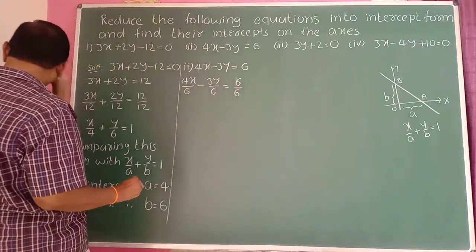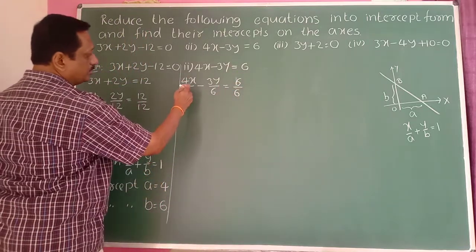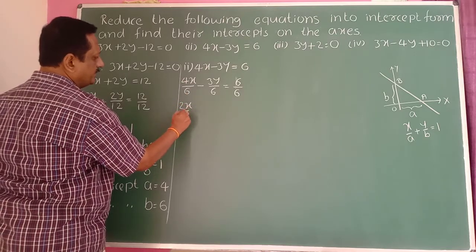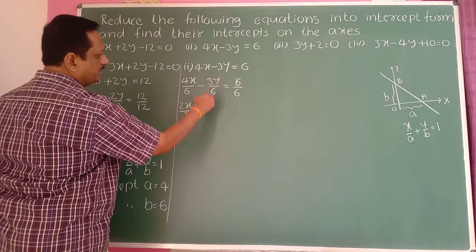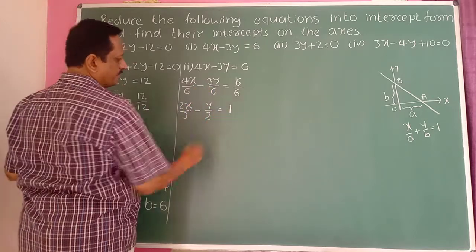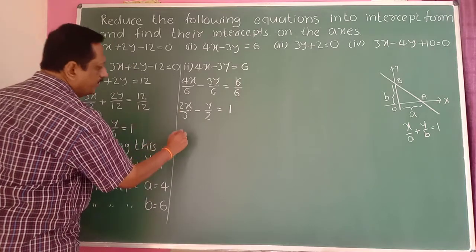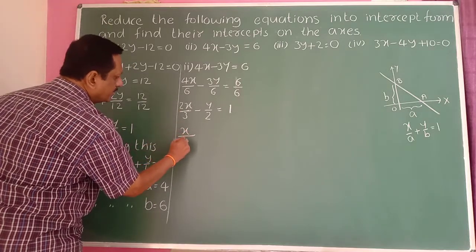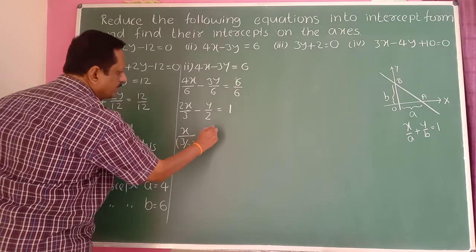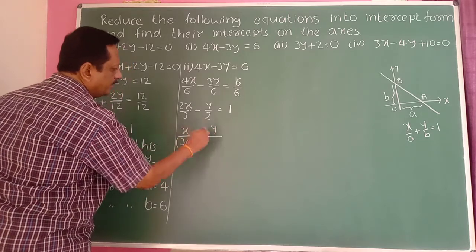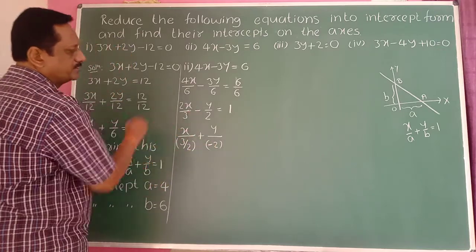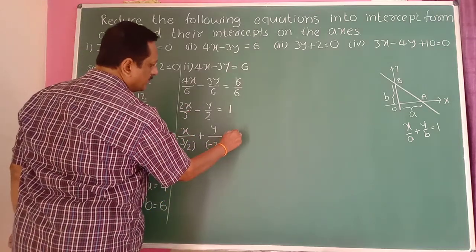So 2x divided by 3 minus y divided by 2 is equal to 1. Take this 2 to the denominator, so x divided by 3 by 2, then plus y divided by minus 2, is equal to 1.